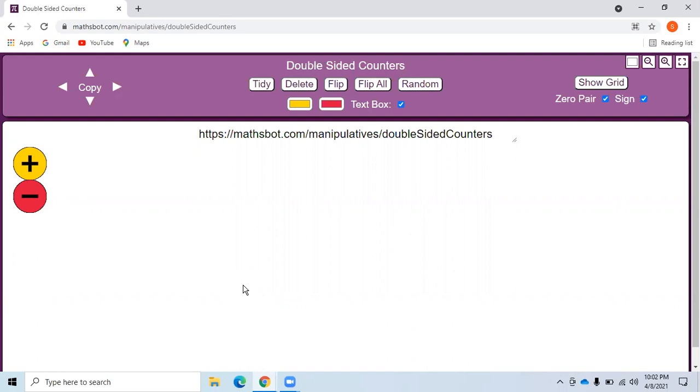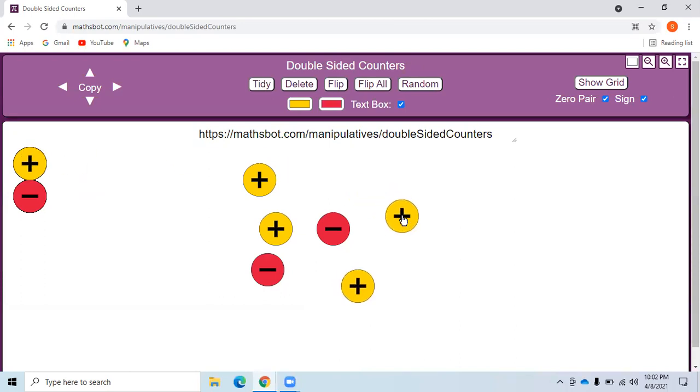What about if I have counters and they're arranged randomly? So let's just put out some counters here and arrange them however we wish. Can I make 0 pairs? Sure.